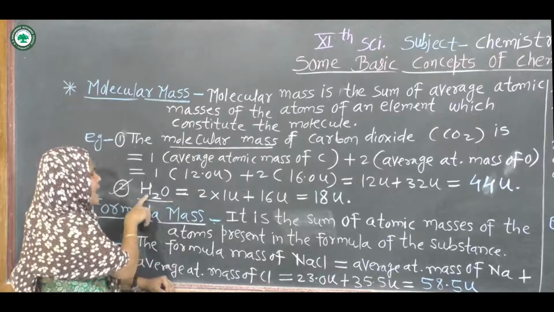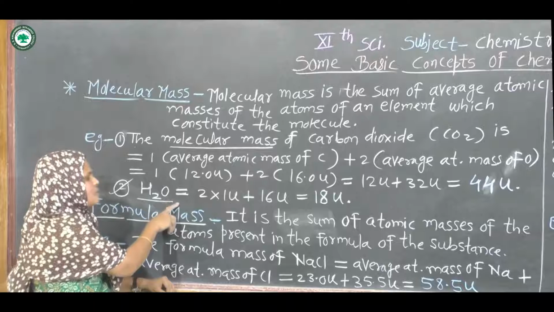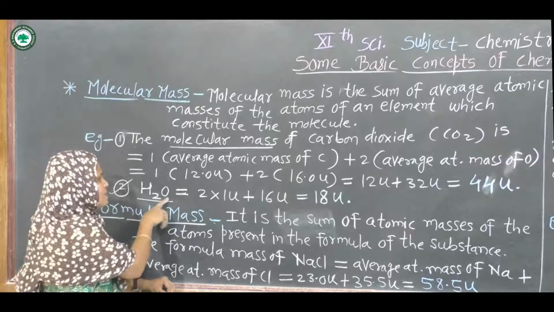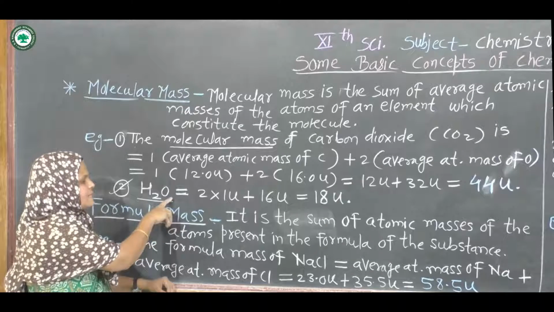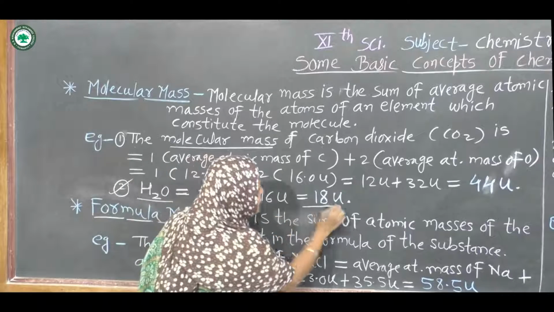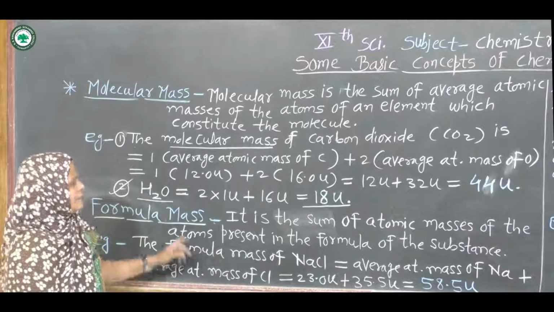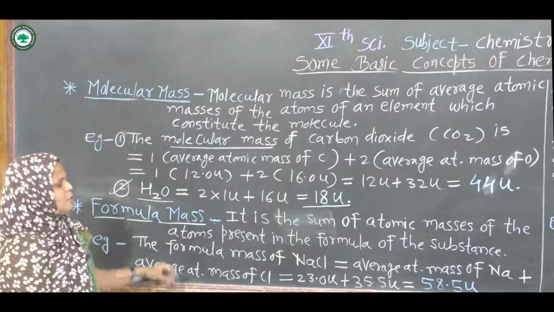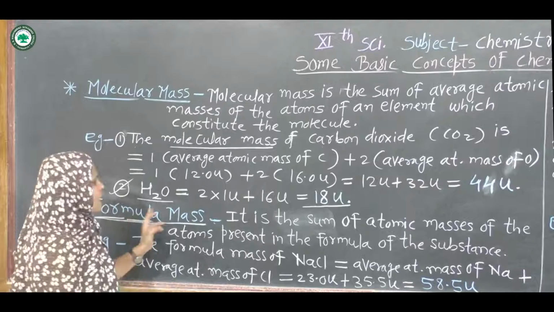Hydrogen has atomic number 1 and average atomic mass 1. So 2 into 1, that is 2 unified mass, plus oxygen, with atomic number 8 and average atomic mass 16. 2 plus 16 equals 18 unified mass unit. 18 unified mass unit is the molecular mass of H2O.